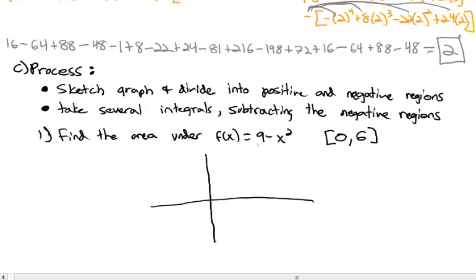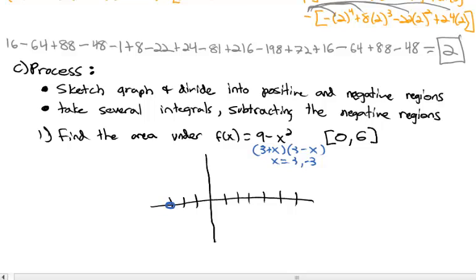To help us with the zeros, we'll factor our function. That's 3 plus x, 3 minus x. That's a difference of squares, so we know x is equal to 3 and negative 3. Those are your x-intercepts.